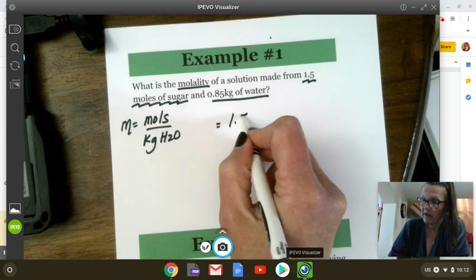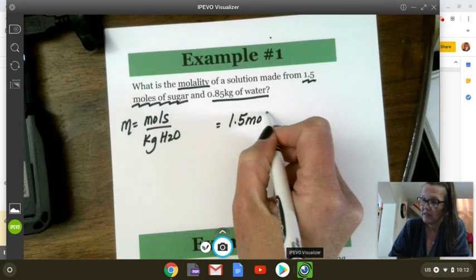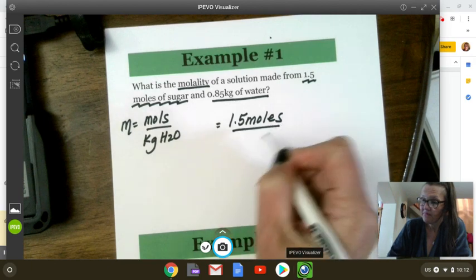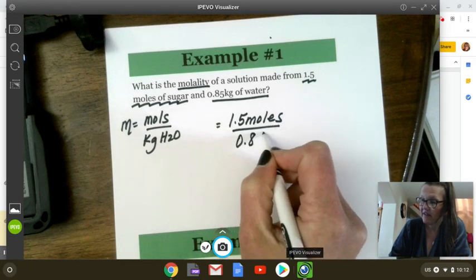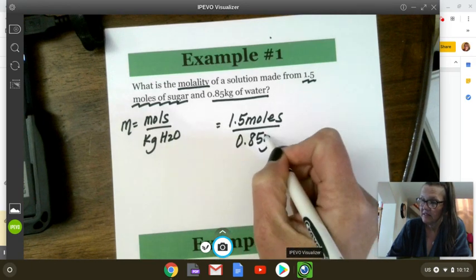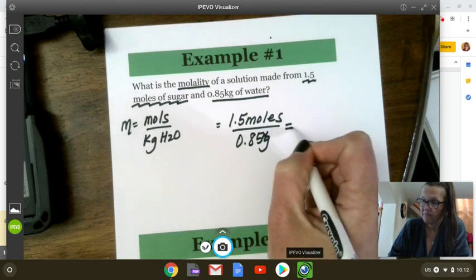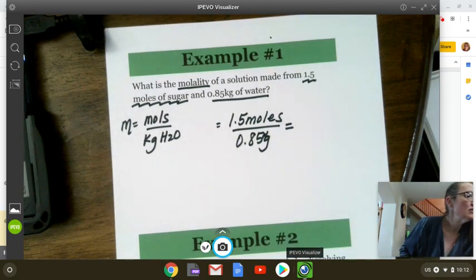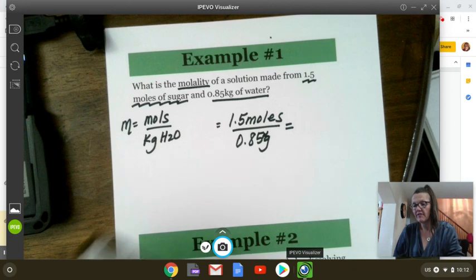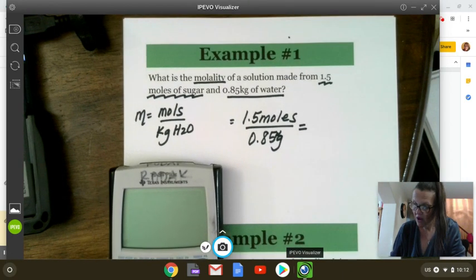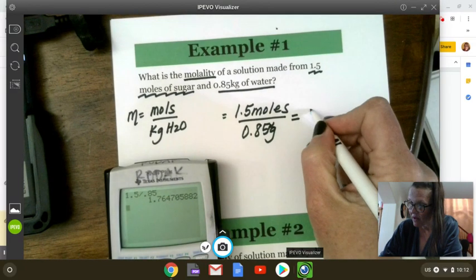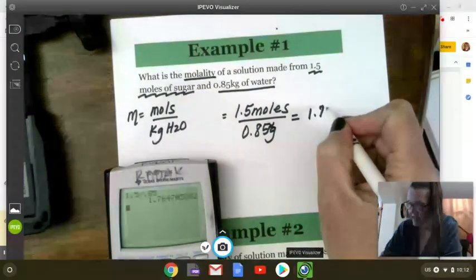Okay, so this is real easy. We just put 1.5 moles on the top and 0.85 kilograms on the bottom. Sorry, I forgot the kilo part. Here we get out our fancy calculator. 1.5 divided by 0.85, and we get 1.76.